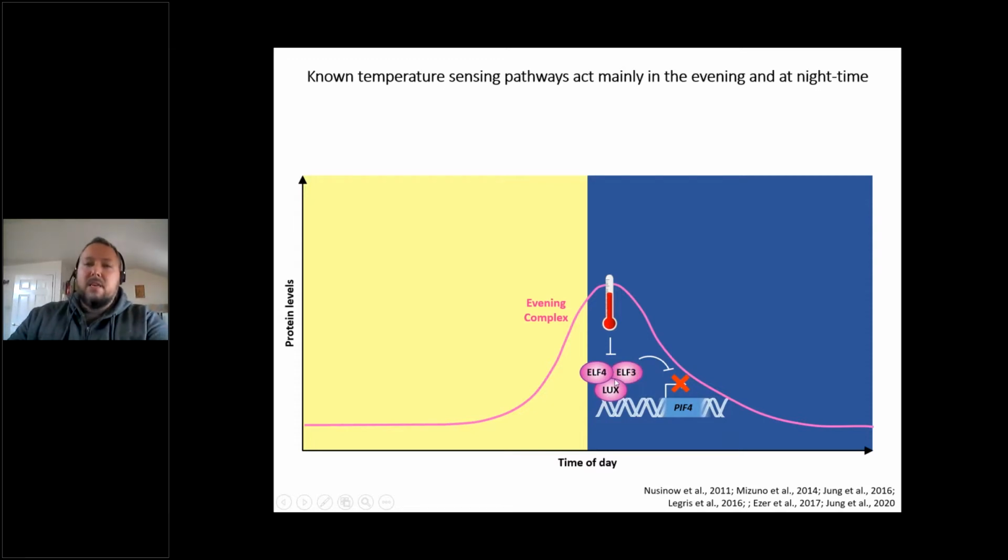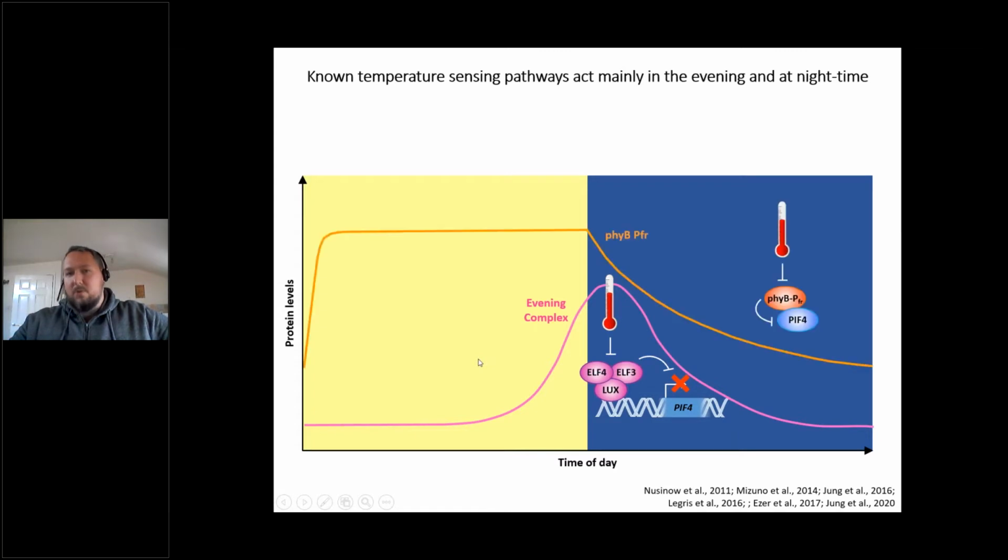This complex accumulates in the early evening, binds to the PIF4 promoter and represses its transcription. Warm temperatures, however, reduce activity of this complex and thereby de-repress PIF4, so PIF4 transcript can accumulate during the night. But PIF4 is also regulated at the post-translational level by phytochromes.